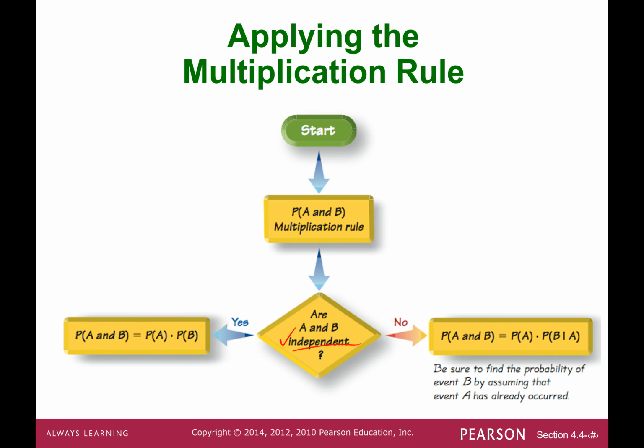If they are independent, then multiply the probability of A times the probability of B. If they're not independent, you do the probability of A times the probability of B given that A. So we are using conditional probability to find the probability of B.